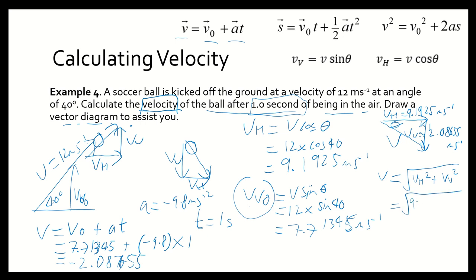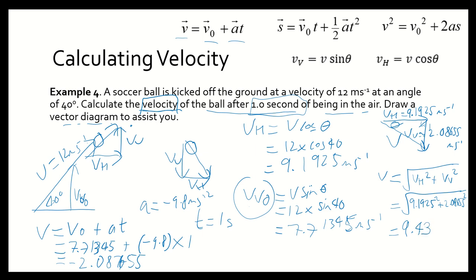So it's 9.1925 squared plus 2.08655 squared. You don't want the negative there, because Pythagoras' theorem deals in distances. If you type that into the calculator, you will get the square root of that answer, 9.42, rounded to 3 significant figures.